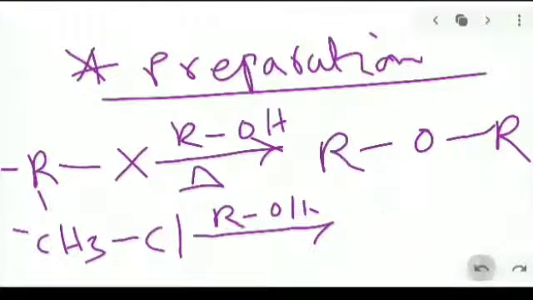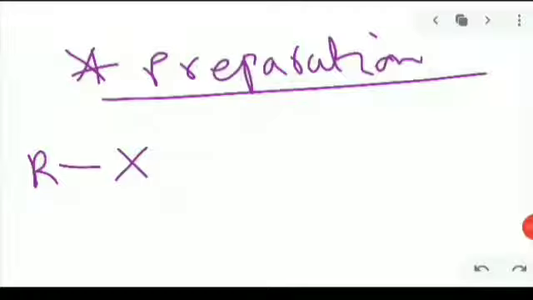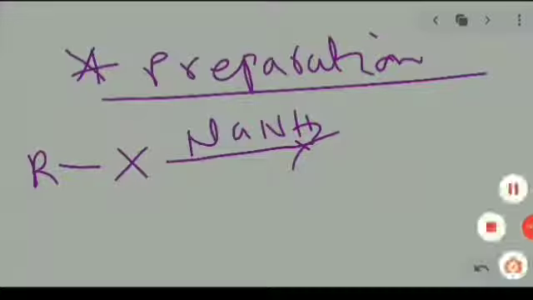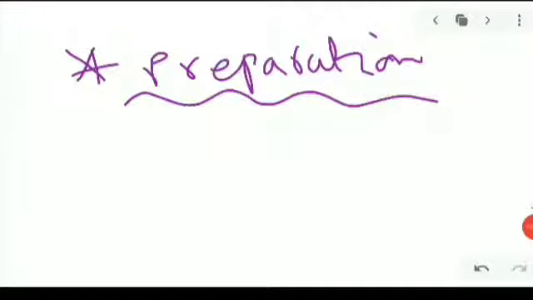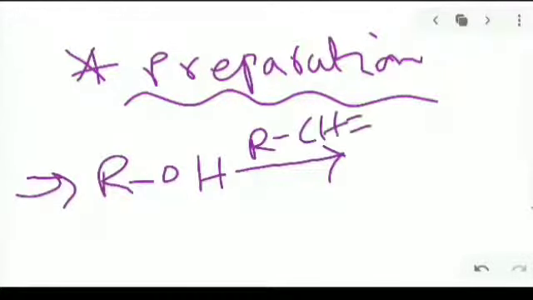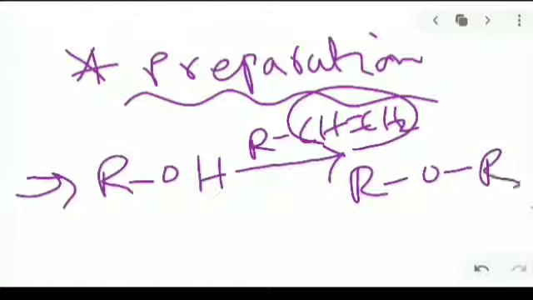Again, we can treat alcohols with sodium, or in the reverse process, alcohol is treated with an alkene. So this alkene group will be removed and the R group added, so we get ethers.